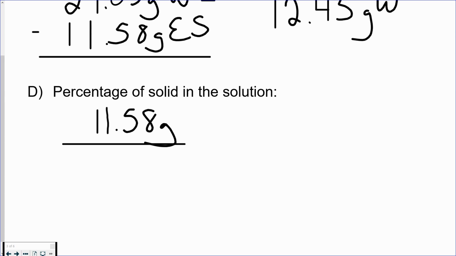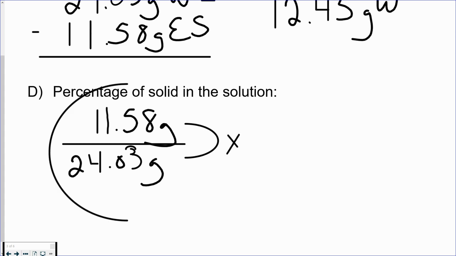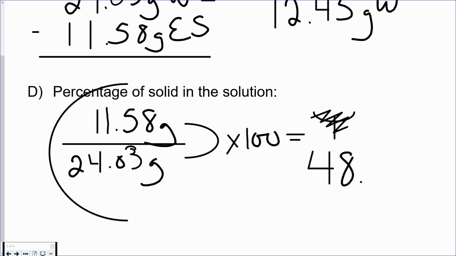You're going to put that over the entire solution, so that was the 24.03 grams, times 100. And you should get a final answer of 48.19%, and you could put salt on that.